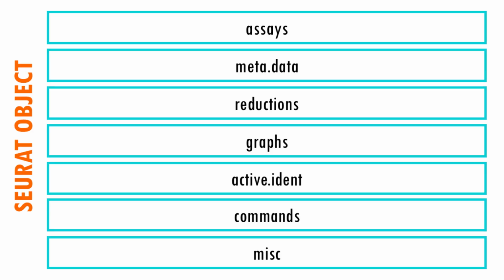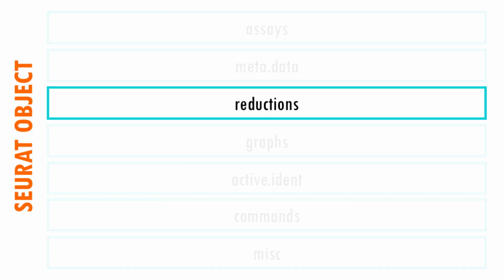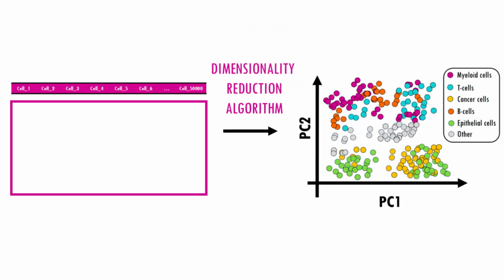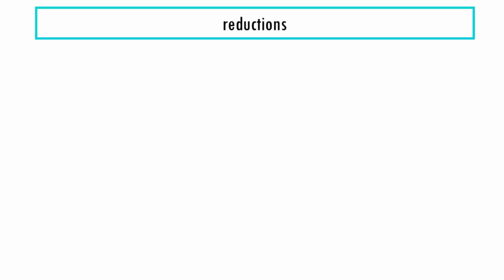Easy. Now, while processing our single cell data, we often want to visualize our cells. Common dimensionality reduction techniques are PCA, UMAP, and TSNE. We'll talk about how to actually do this later on, but for now, know that all our dimensionality reduction results will be stored in the slot reductions.